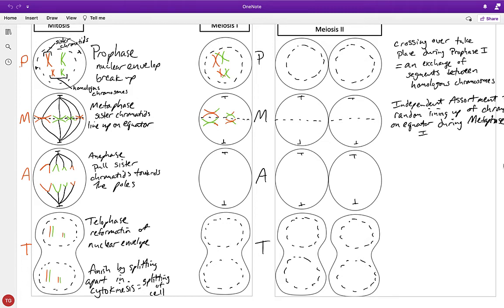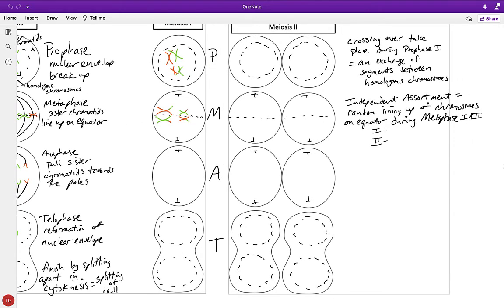Now, what we need to know is that during metaphase 1, it is going to be homologous chromosomes that line up. But of course, since we're going to end up pulling those apart, we're going to have sister chromatids lining up along the equator, doing the independent assortment when we get to meiosis 2.